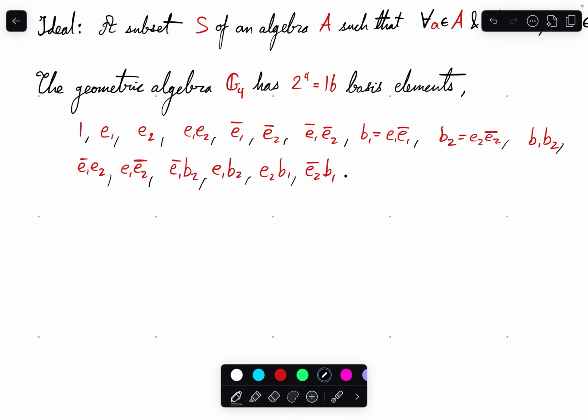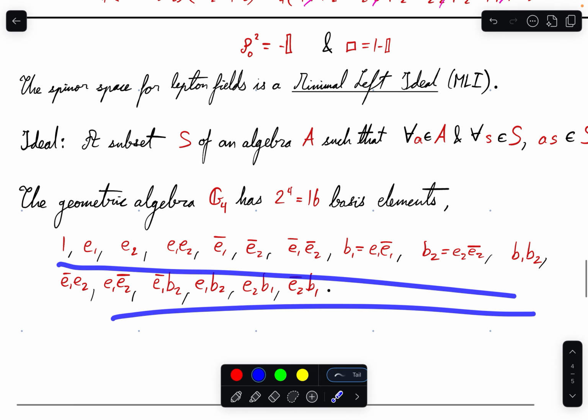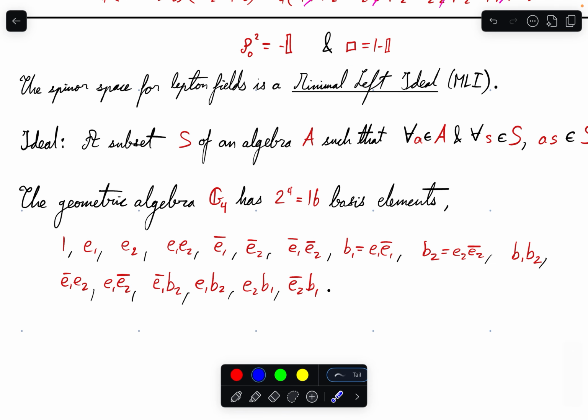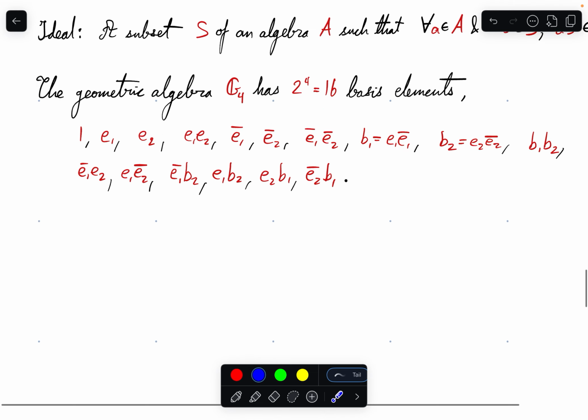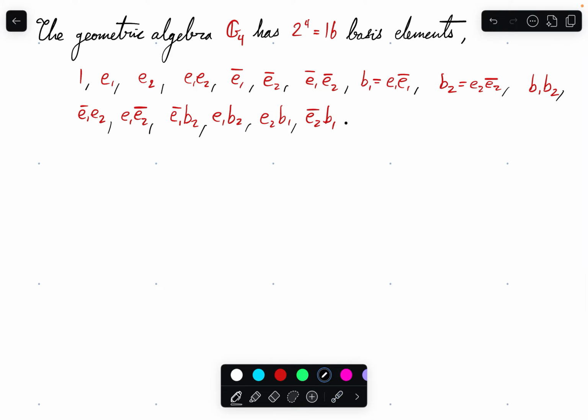But if we multiply elements of this algebra by the box, then we make pairs of elements indistinguishable. Certain pairs of these will be indistinguishable, and we'll see which ones.